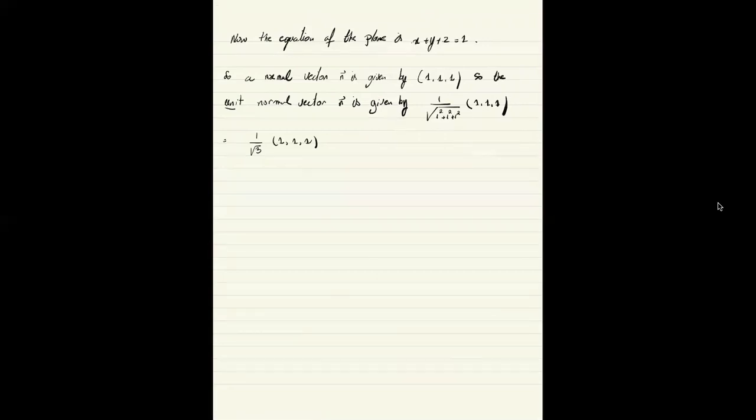So dS is equal to n dS, which is 1 over square root of 3, (1, 1, 1) dS.